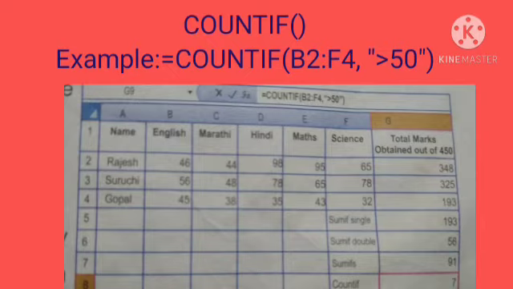Now student, in the above example, the result is 7, as only 7 cells contain numbers greater than 50, as given in the figure. Students, if you look at the table, you will notice the numbers greater than 50: 56, 98, 78, 95, 65, 65, 78. These 7 cells are greater than 50. That is why the result is 7.